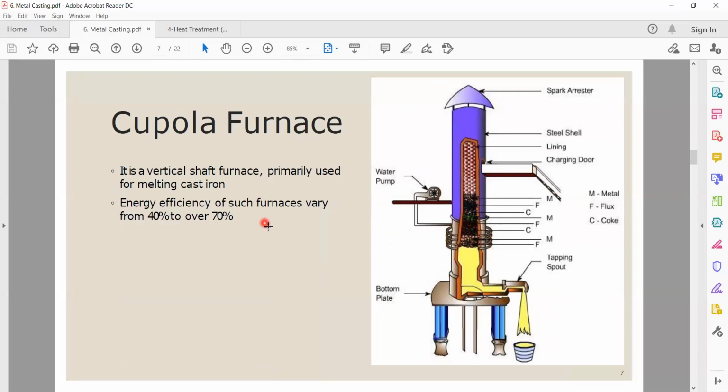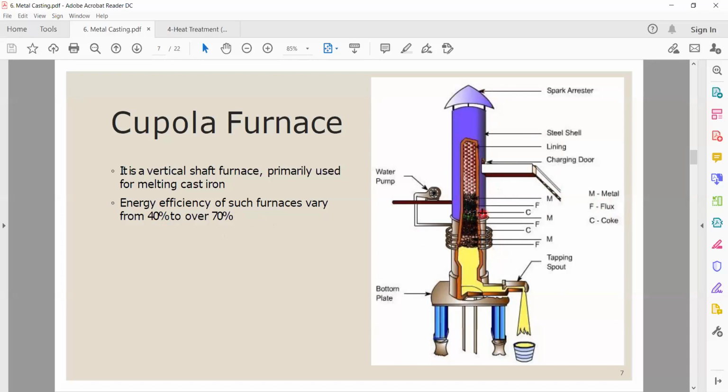And the efficiency is higher than the crucible furnace, because it's around 50%, right? When you are heating this cast iron, you have to add limestone, coke, and other parts like flux with your metal, right?